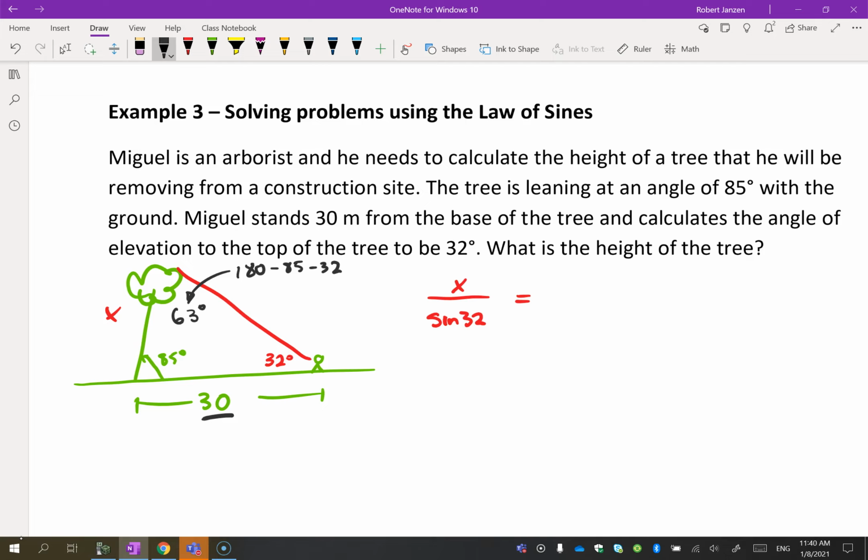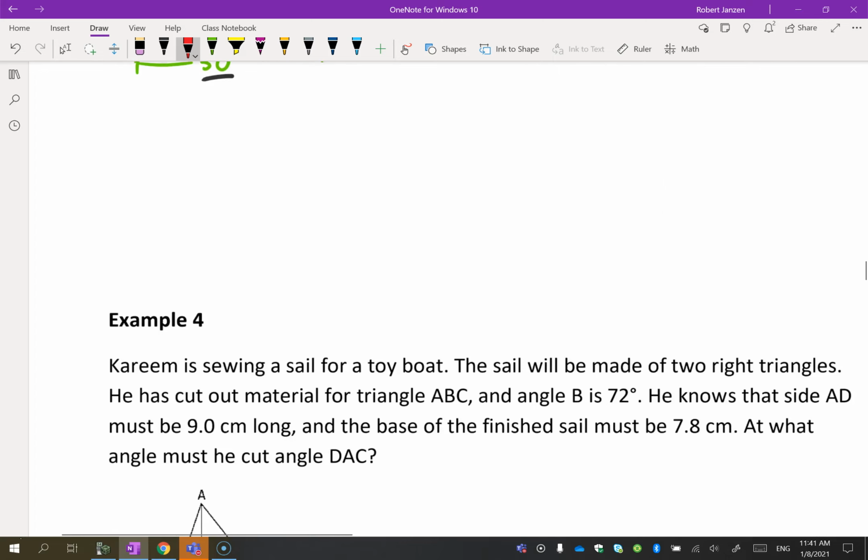So now I can write 30 here and sine of 63 here. And if I solve this by cross multiplying, I end up with x is 17.9 meters high. Okay?